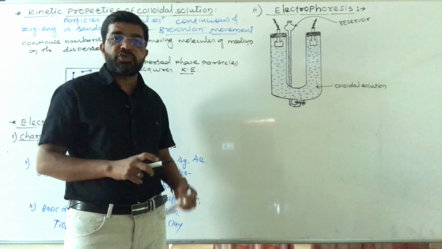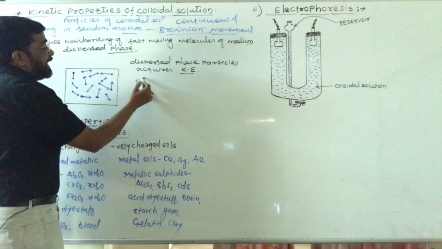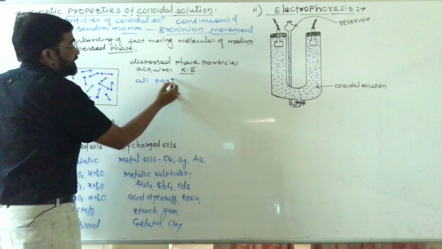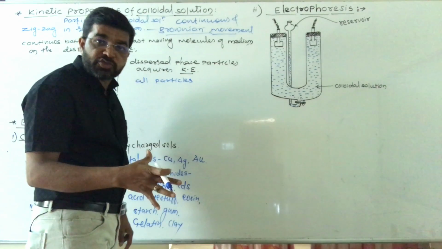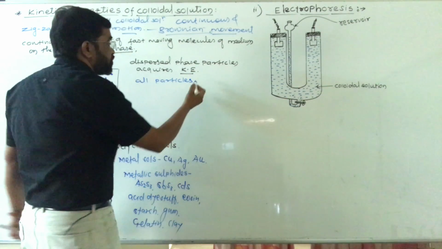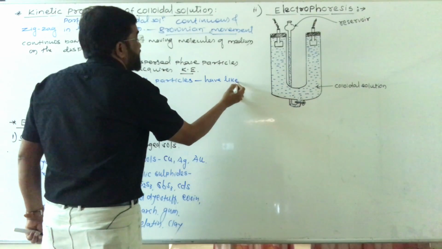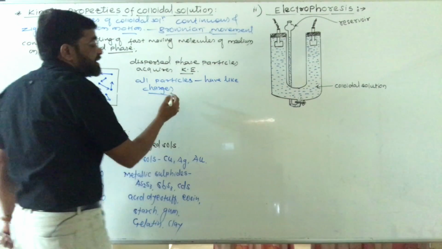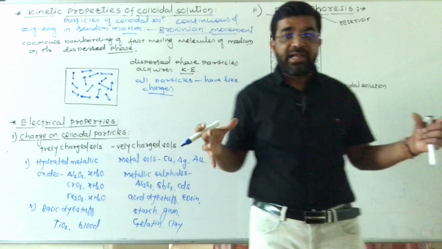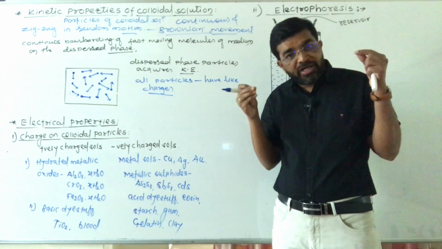One more reason you have to remember: all the particles of the dispersed phase in colloidal solutions have like charges, and therefore they do not come together. They never unite.